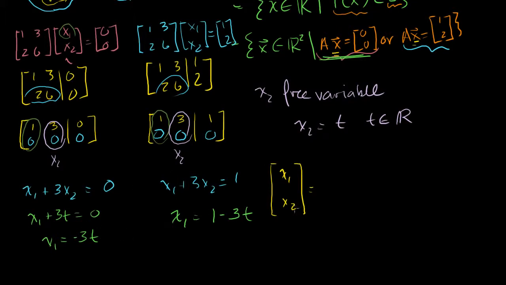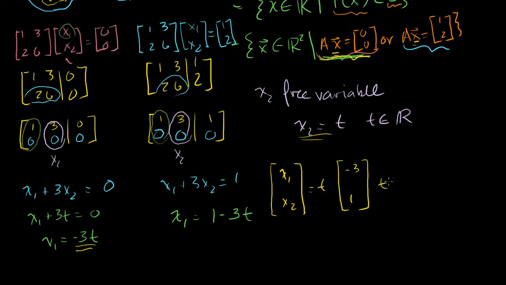Well, x2 is just going to be equal to t. So x2 is just t times 1. I made that definition up here. And then what's x1 equal to? It's equal to minus 3 times t. So if I put a t out here as a scalar, it's just minus 3 times t. So this is the solution for this first equation.